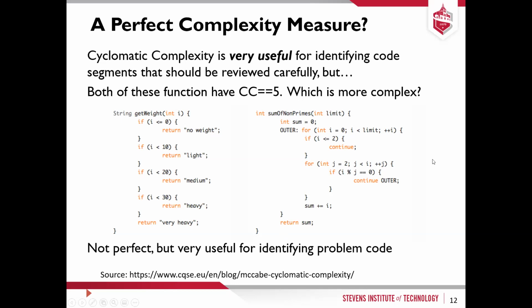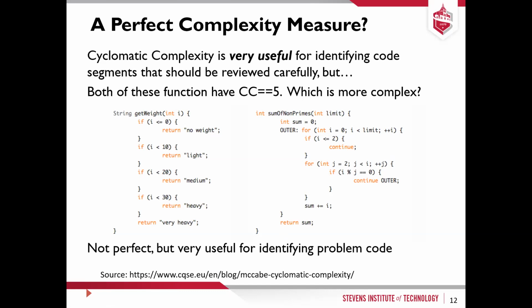But which one is more complex, although both of them have a cyclomatic complexity of 5? The right one, the second one, is more complex than the first one. Why?